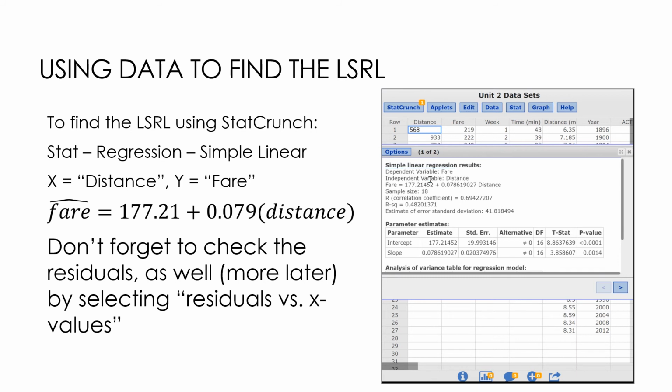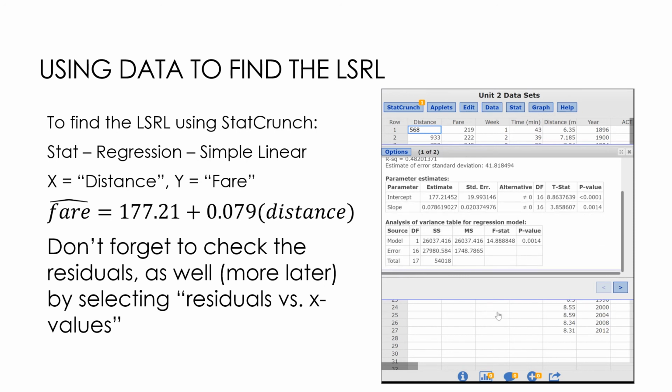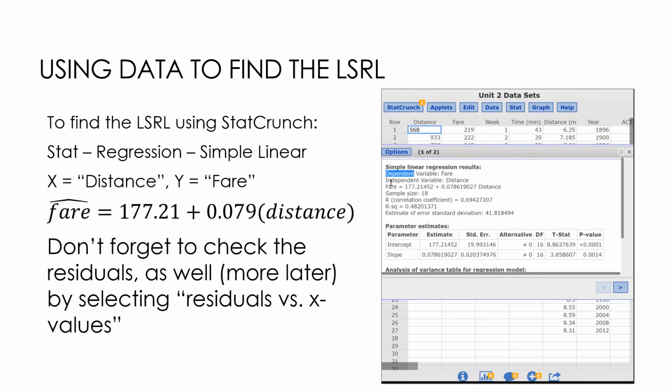So the explanatory variable is independent, which is distance, and the response is the dependent because it depends on the distance. All of this other stuff on the first page we are not going to work with in this class, but it is obviously important for other classes. We're just going to focus on this top output.